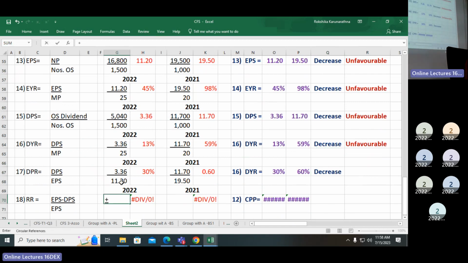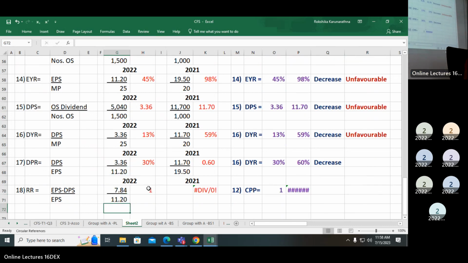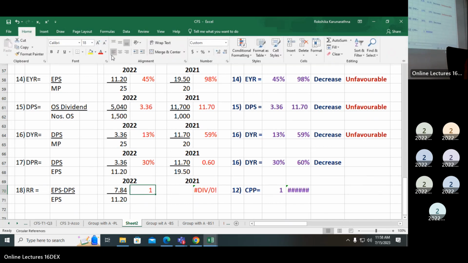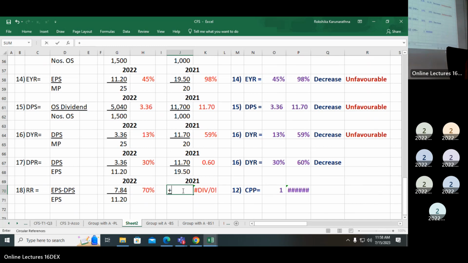Retention, you take earnings minus dividend, divided by earnings. Earnings minus dividend divided by earnings.